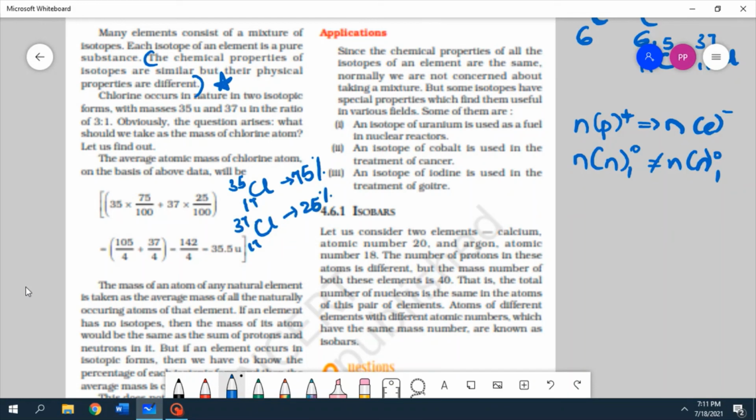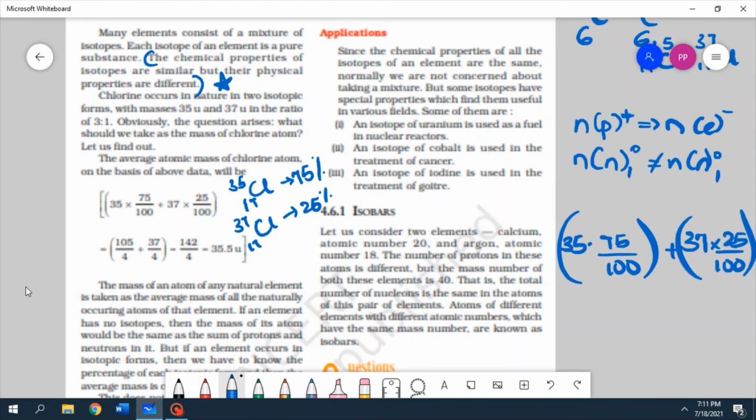So we would multiply 35 by 75% and add that to 37 multiplied by 25%. Alright, and that would give 142 by 4, which is 35.5 U. Alright, and that's what they got here as well.